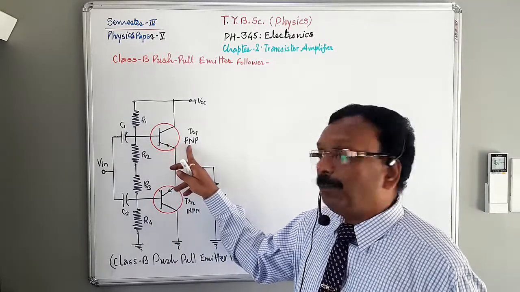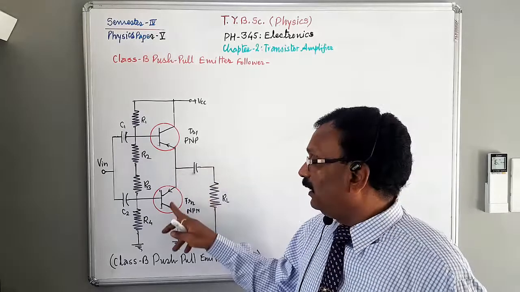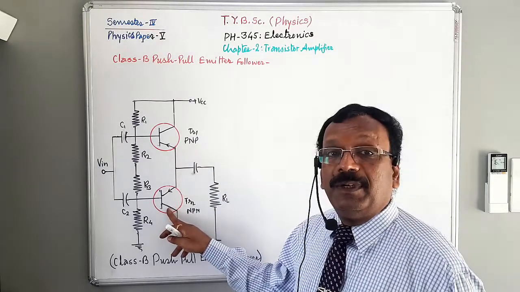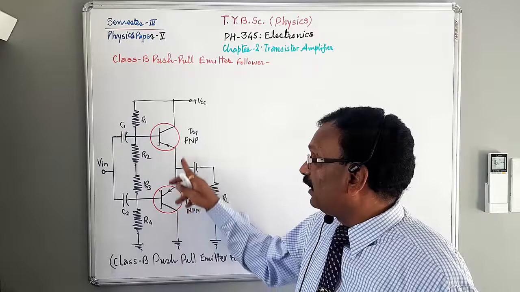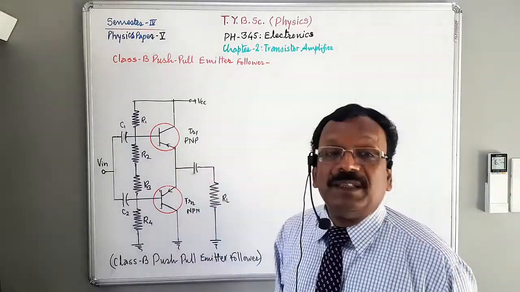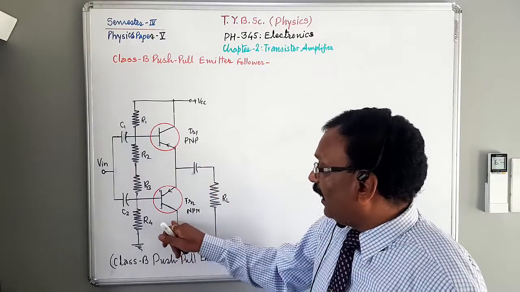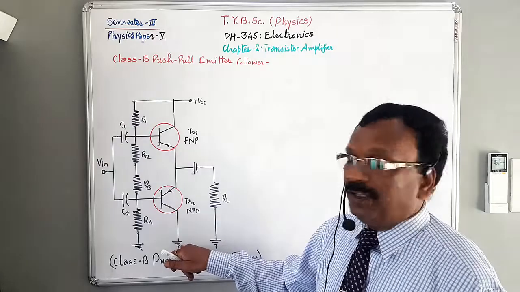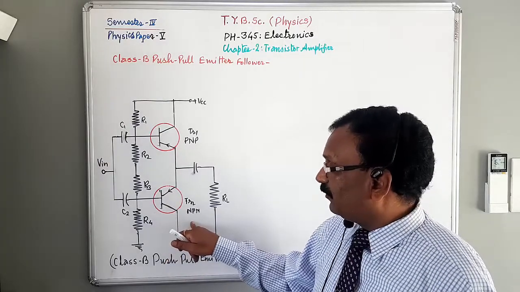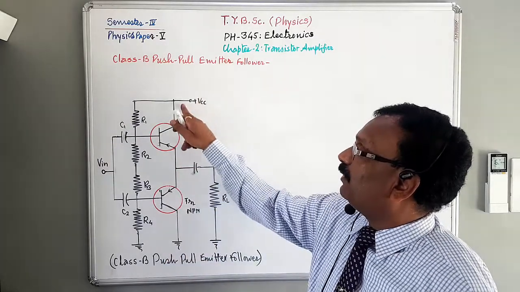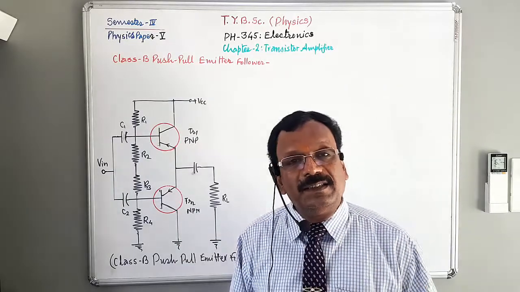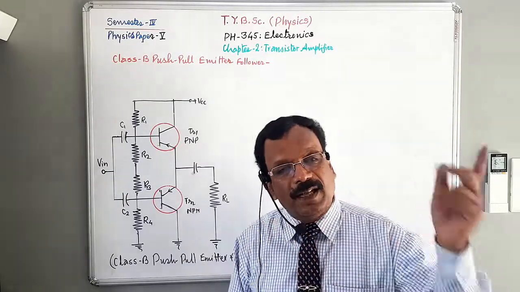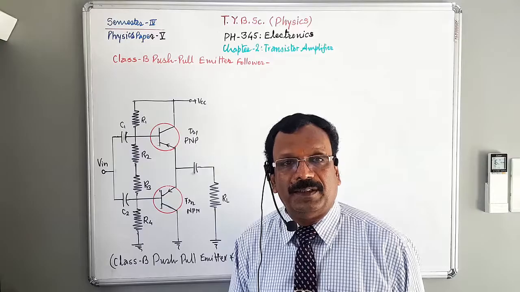This transistor is called the NPN emitter follower, and this transistor is called the PNP emitter follower, because the emitter is the output and the collector is grounded, and here supply is given to the collector. This is the contrast case as compared to the class B push pull amplifier.